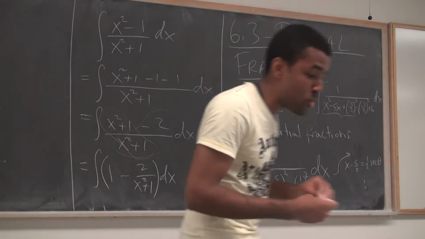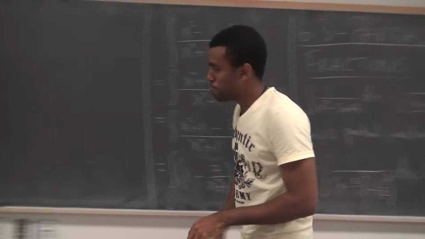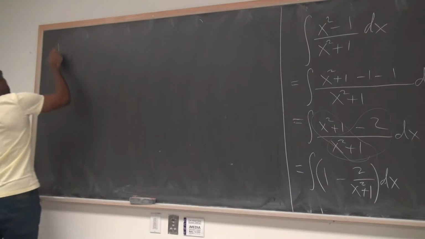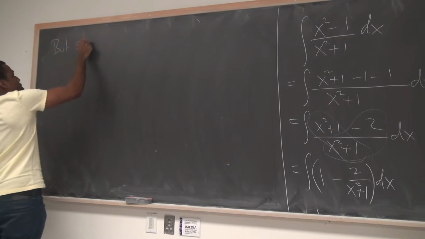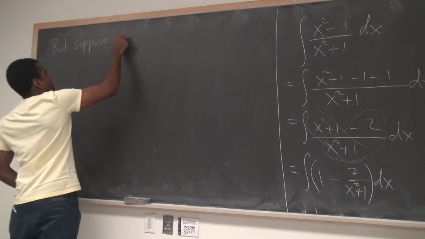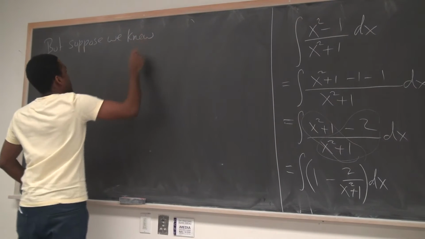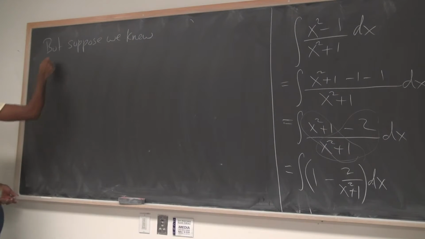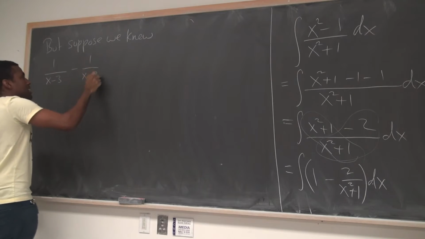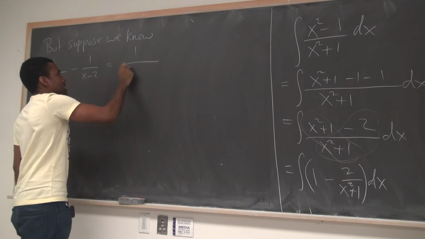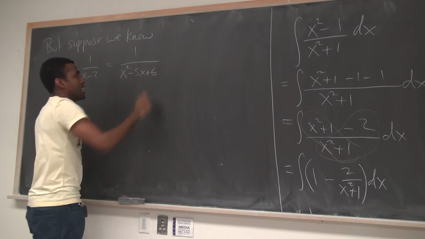What if you knew a priori, but suppose we knew by some stroke of luck that is true.